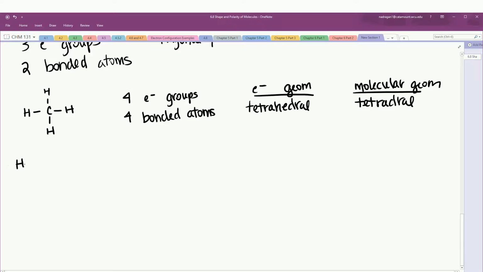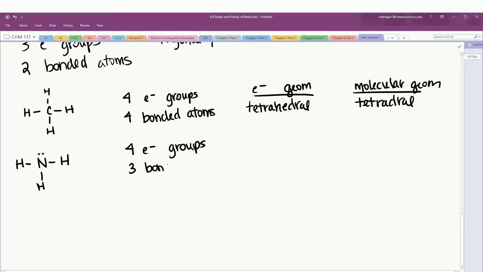Next example, NH3, I'm sorry. There's only 3 hydrogens, not 4. There is our Lewis structure. So we have 4 electron groups, because remember, lone pairs also count as electron groups, and we only have 3 bonded atoms.